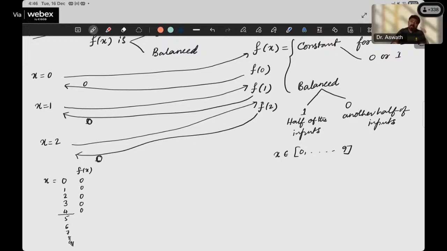In the case of a balanced function, half of the values have to be 0 and the remaining half have to be 1. In the case of a constant function, it has to be zeros for all the cases or ones for all the cases. Since it is 0 for the first 5, the sixth argument input has to take a value of either 0 or 1.